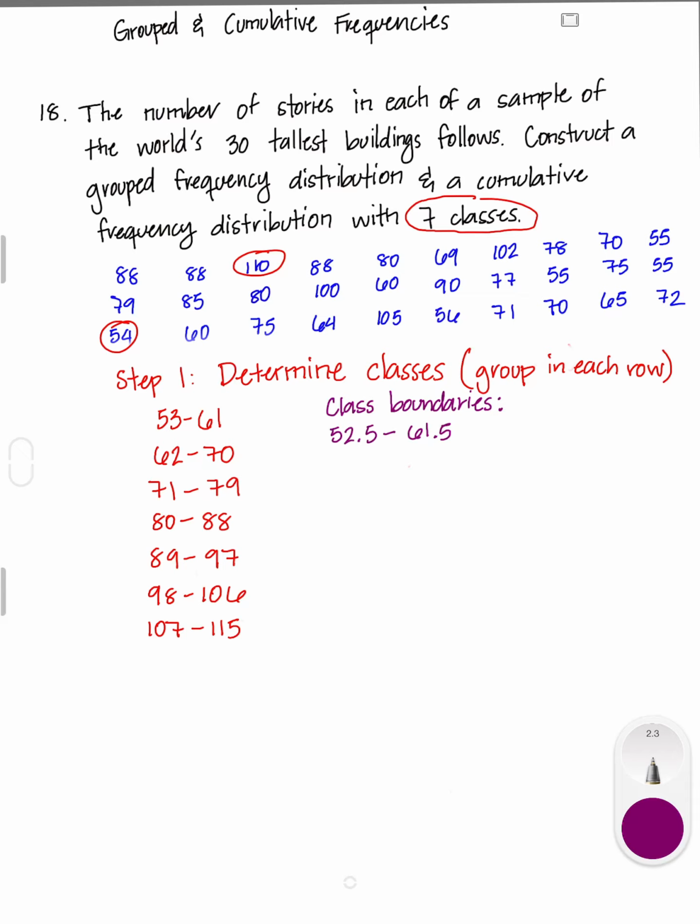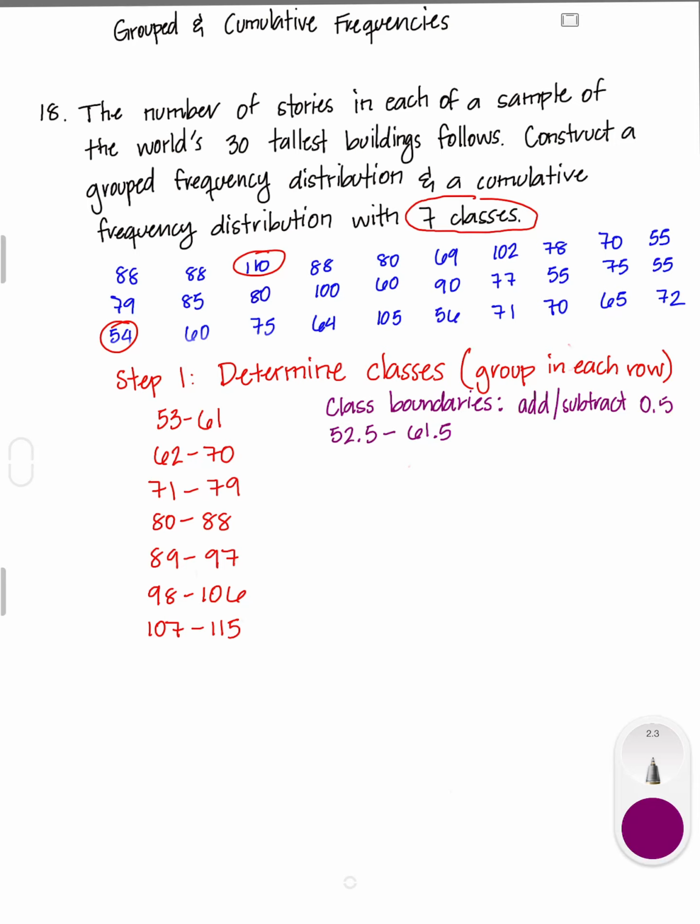I'm basically adding and subtracting 0.5 from the different class limits. So let me put add, subtract 0.5.